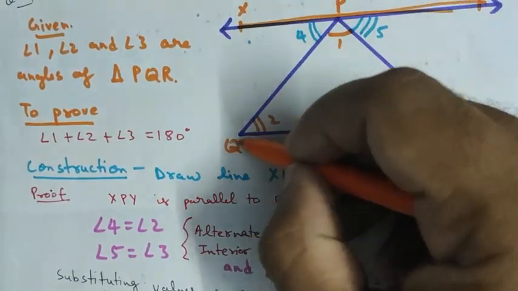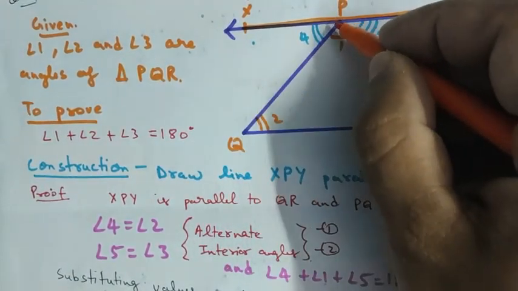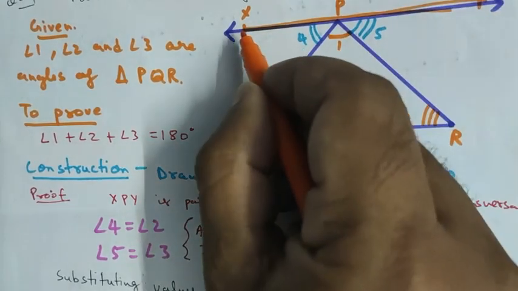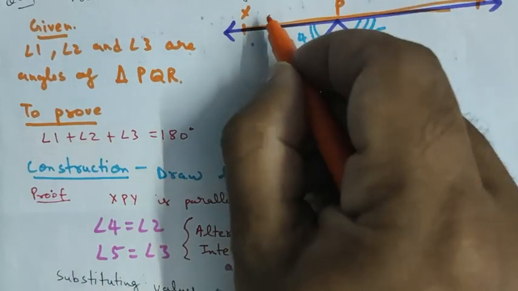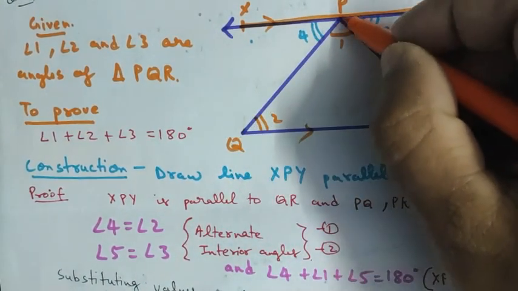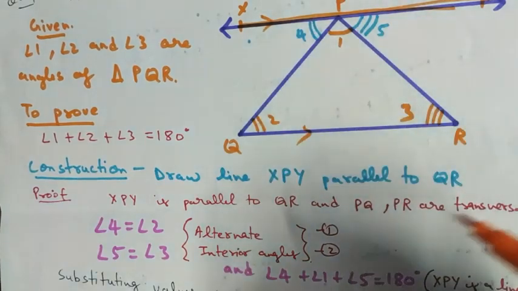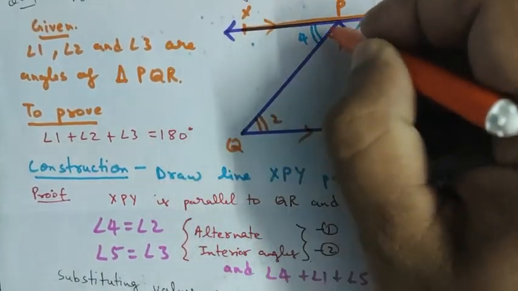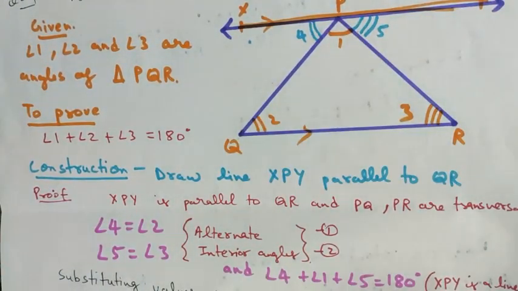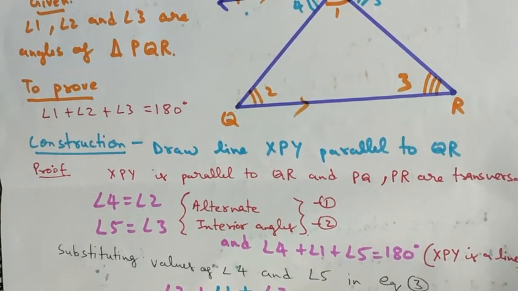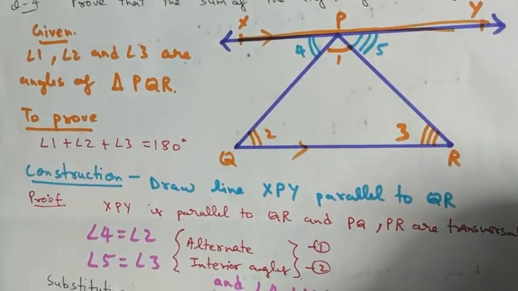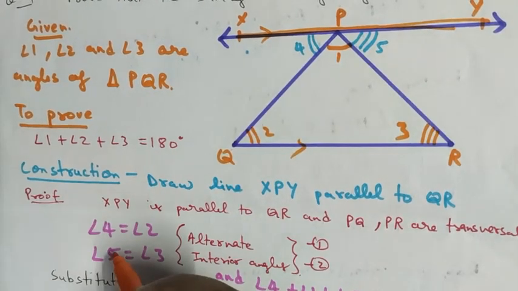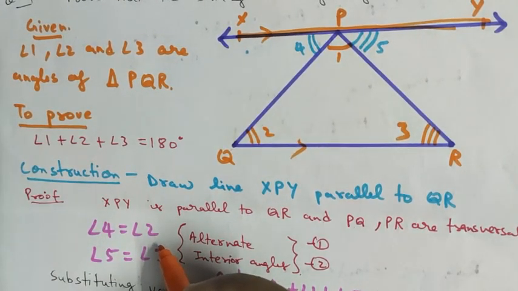If we consider PQ as the transversal, and the lines XPY and QR are parallel, then angle 2 and angle 4 will be alternate interior angles, and alternate interior angles are equal since QR and XY are parallel to each other. So we can write angle 4 is equal to angle 2.